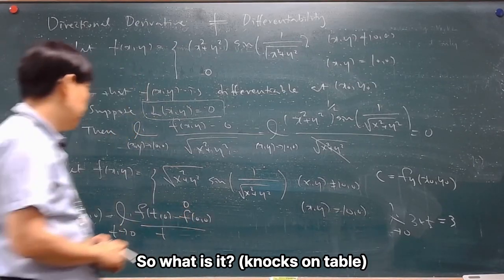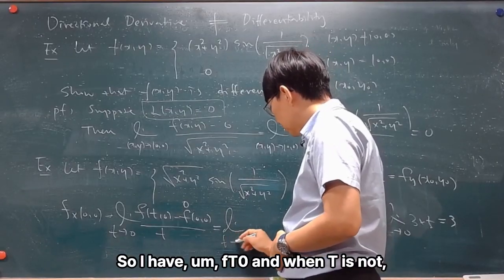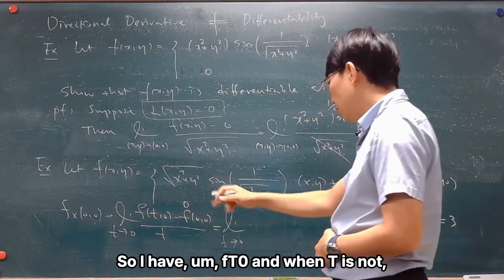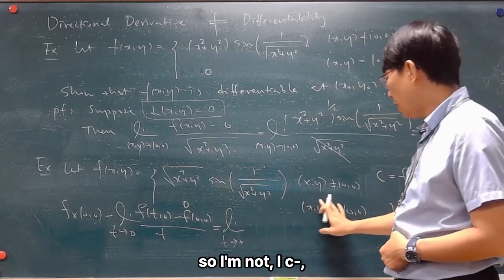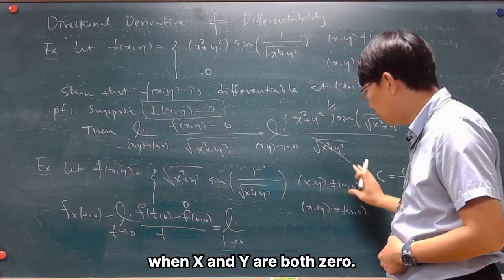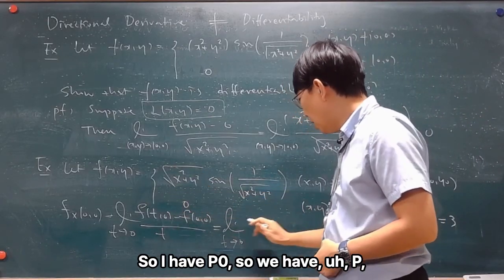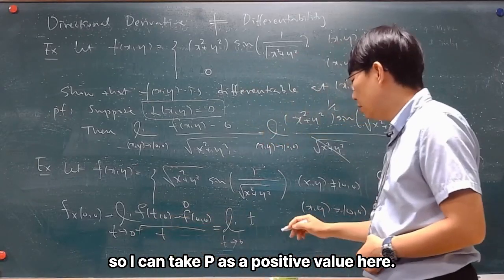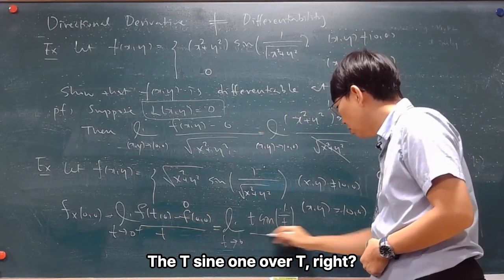So what is it? I have f of t, 0, and when t is not equal to 0, this is only the case when x and y are both 0, so I have to use this formula. So I have t, and I can take t as a positive value here, t sine 1 over t, right?